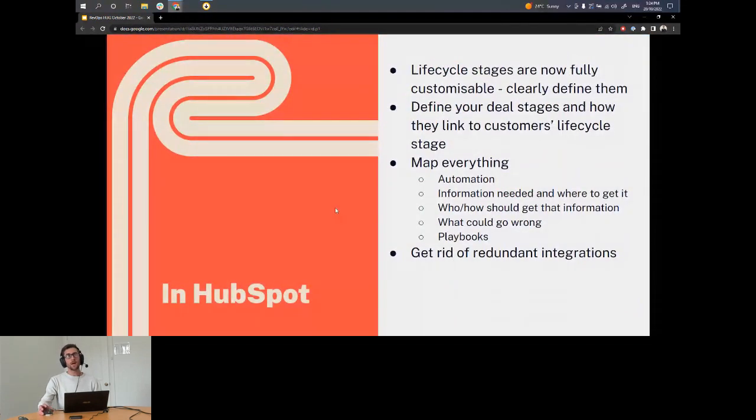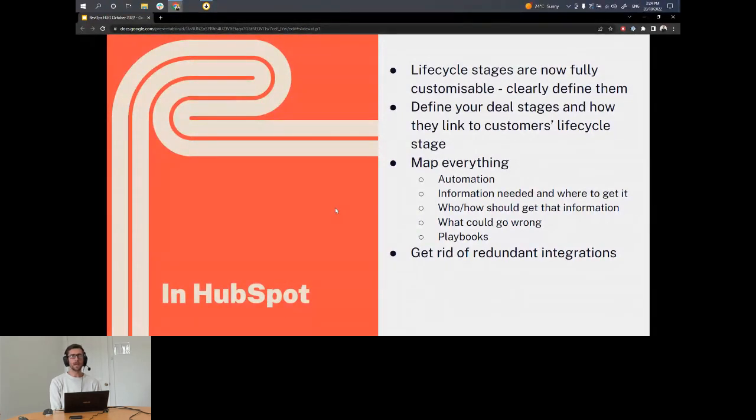In HubSpot, you can easily do that, especially now that life cycle stages are fully customizable. So all you need is to clearly define your customer lifecycle stages, define your deal pipeline stages and how they align with your customer's lifecycle stage, and then you map everything.